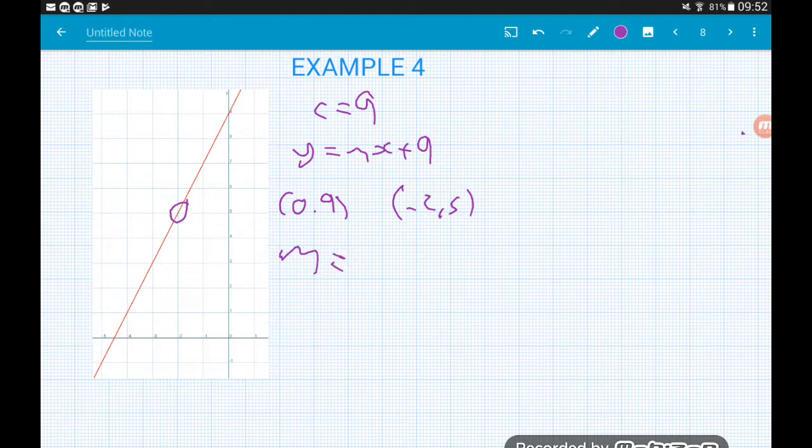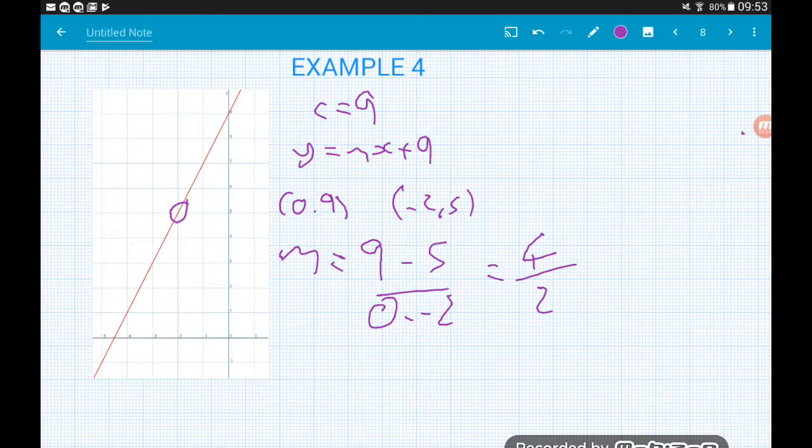So the gradient is equal to the difference in your y values, so here I'm going to do 9 take away 5, over the difference in your x values, so 0 minus minus 2. That's going to give me 4 divided by positive 2, because 0 minus minus 2 is positive 2, and then 4 divided by 2 is 2. So the equation of my line here is y equals 2x add 9. Cracking.